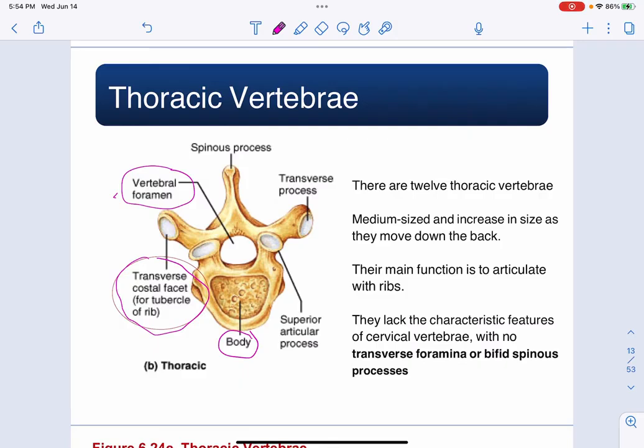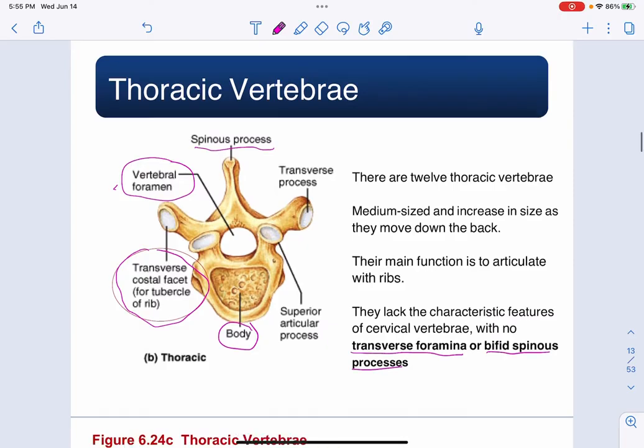But this gives you the basic difference, like you can see the basic structure of the thoracic vertebrae here compared to the cervical vertebrae. So you can see the spinous process. We're not going to have any bifid processes, and we're not going to have any transverse foramina in thoracic vertebrae.